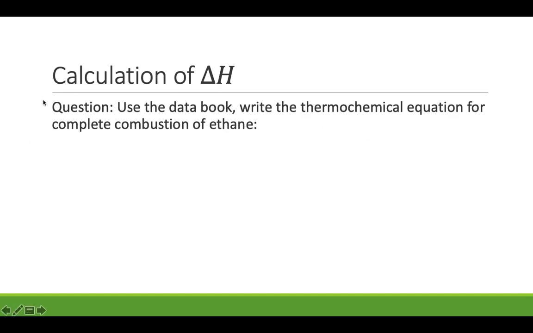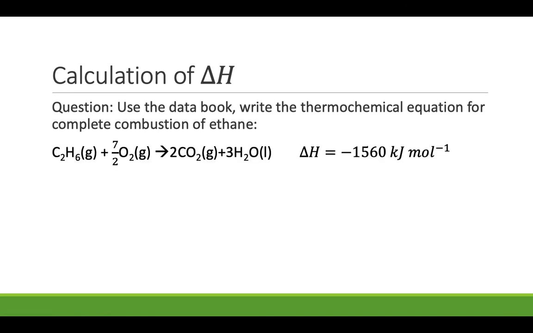So, the calculation of delta H. If I ask you to use a data book to write a thermochemical equation for the complete combustion of ethane, how would you write it? Okay, some of you would have written this equation, which is correct.